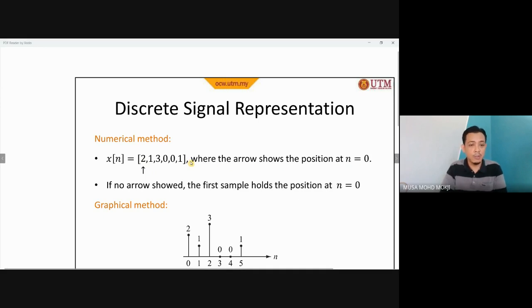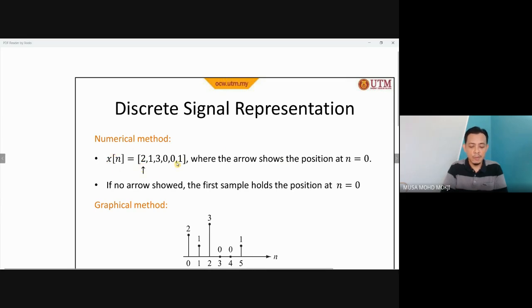But practically, normally when we start recording our signal, it will start at time equals to 0. But theoretically, we can start at a negative time. So normally the first value is index n equals to 0.